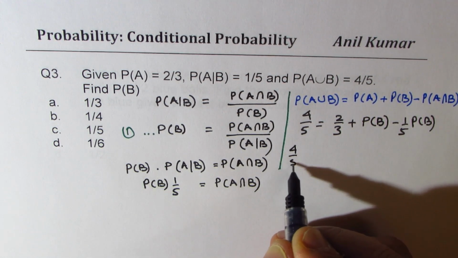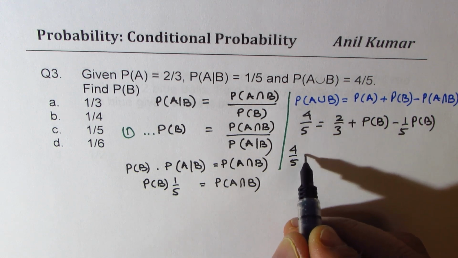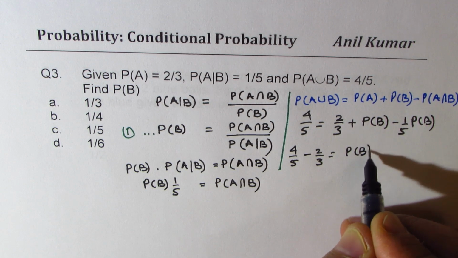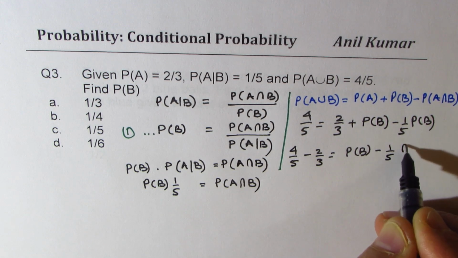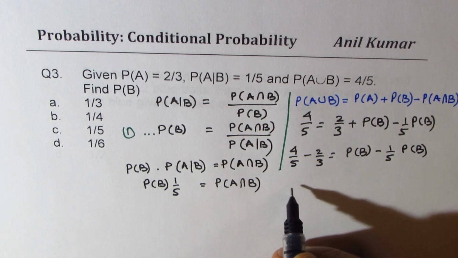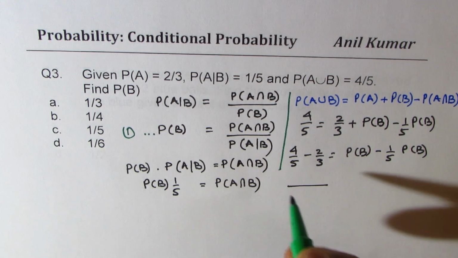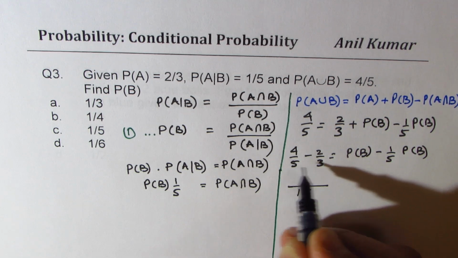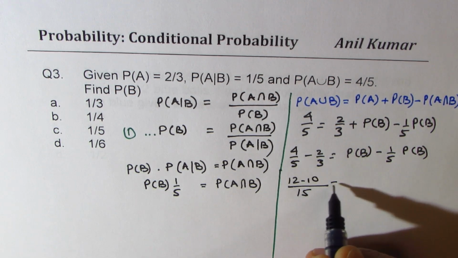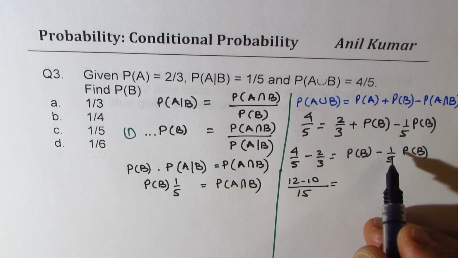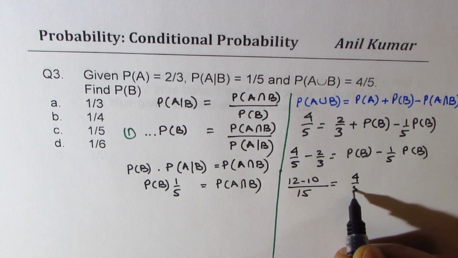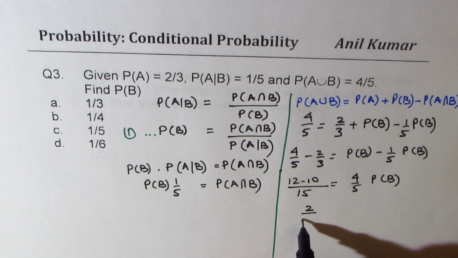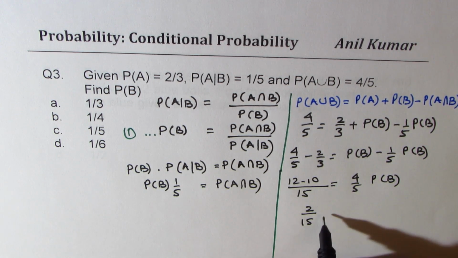So we have 4 over 5 take away 2 over 3 is equal to probability of B minus 1/5 probability of B. Taking common denominator, which is 15, we get 12 minus 10 equals to 1 minus 1 over 5, which is 4 over 5 probability of B. This gives us 2 over 15, and we can cross multiply.